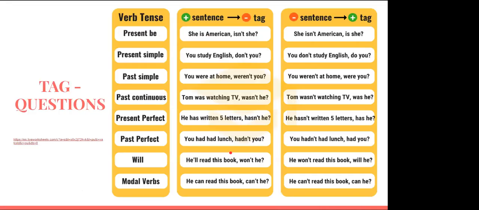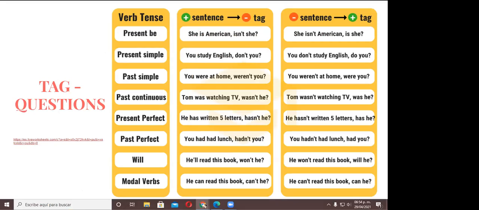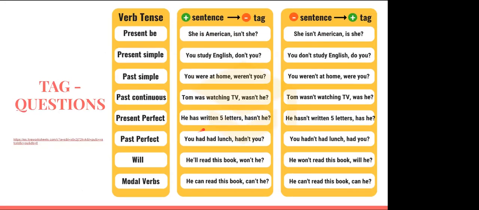Let's please move forward. Well, you are also going to be reviewing the tag questions. And tag questions are basically questions inside another question, like a second verification on your question, we can say. And the way that it works is the following.